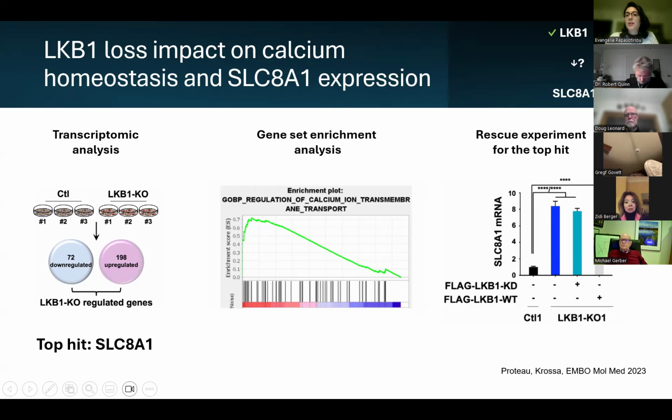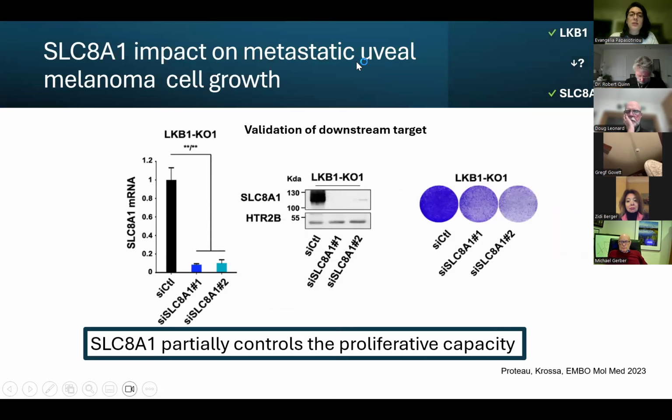And if you see in the upper part of the slide, we are slowly but gently creating something that we call a molecular cascade. So we have the first part, which is LKB1, and then we have a potential downstream target, which is SLC8A1. We don't know what happens in between. We don't know if SLC8A1 has the same impact as LKB1. So for this reason, they did a number of other experiments to validate the downstream target.